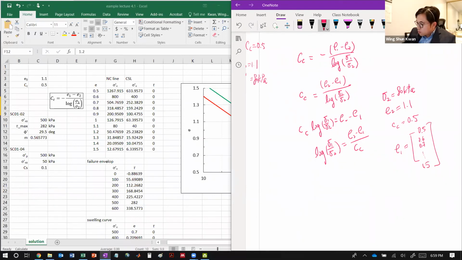If we further work on these equations, this is what we know, and then we solve for sigma 1. Sigma 1 over sigma 2, then we need to unlock it, so you do the 10 power on each side.